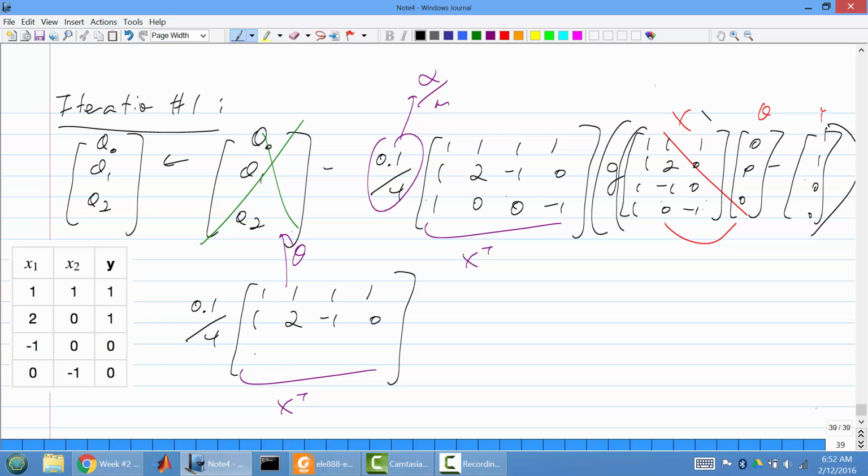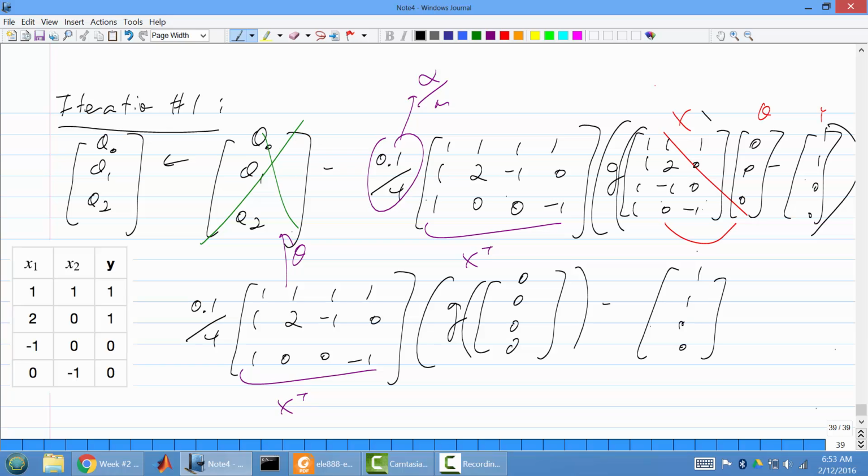So this is 1, 0, 0, minus 1. Okay, so what's happening is you apply the sigmoid to a vector of zeros. Now the sigmoid function at 0 is equal to 0.5, right?